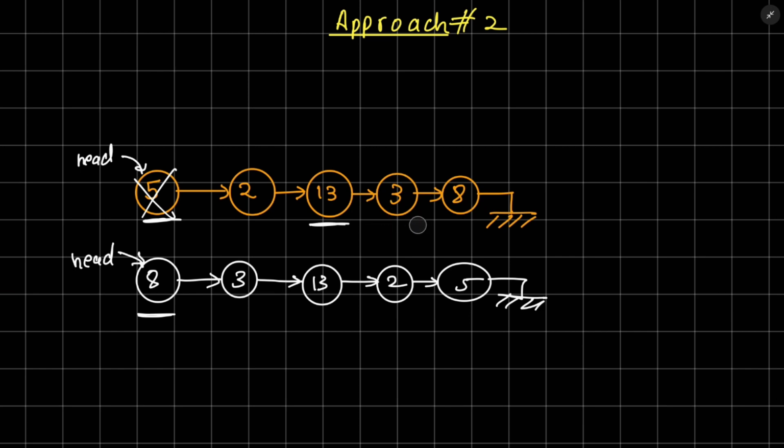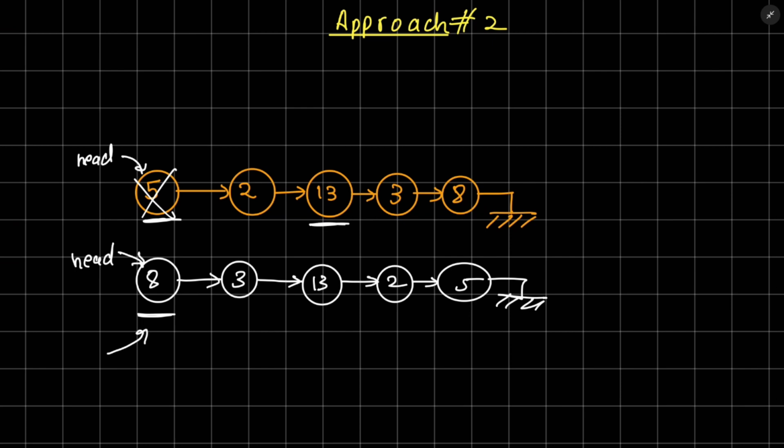So if we reverse it and try to traverse the list from here, we can see that for every number we need to ensure that the next number to it is greater than the current element.